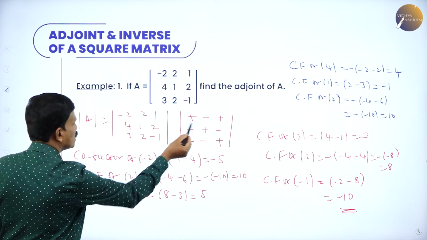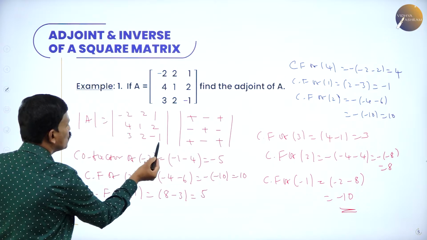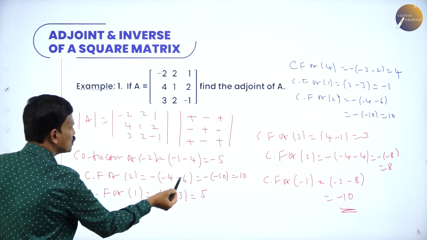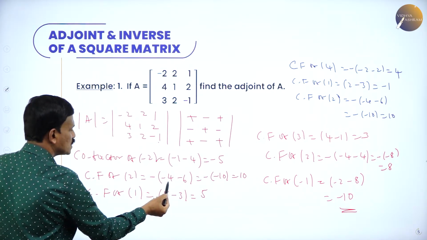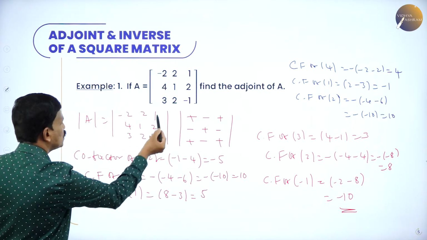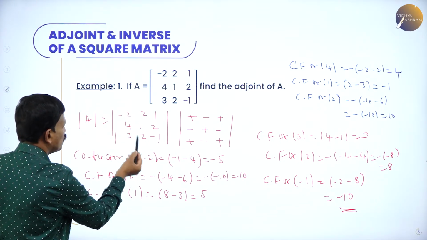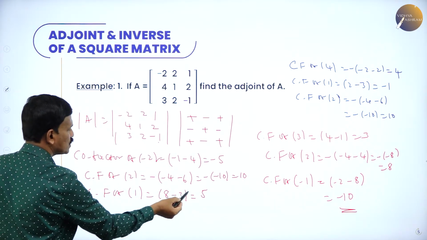Cofactor of 2, this is negative sign, delete the row and column containing this. 4 2 3 minus 1: 4 1s are 4, minus 3 2s are 6, minus 4 minus 6 is minus 10, minus into minus it is plus 10. Again, cofactor of plus 1, delete the row and column containing this. This is remaining 4 1 3 2: 4 2s are 8, minus 3 1s are 3, that is 5.